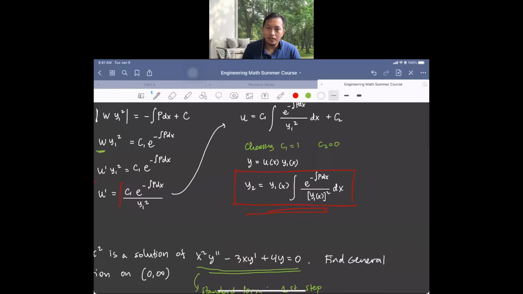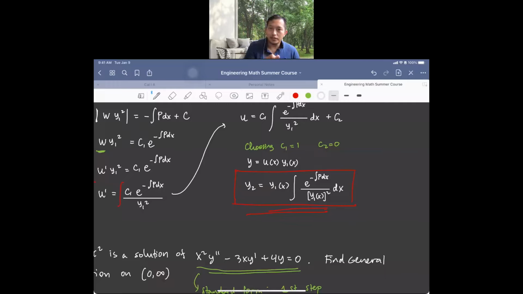Either way, if you want to just write it one by one, like the previous example, using the integrating factor, differentiate, integrate, and find u, it's also okay. Or just use this equation directly, which is also fine.